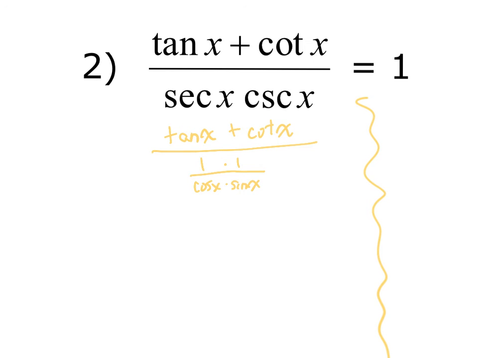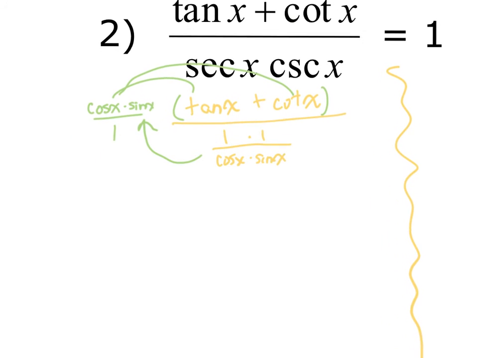So if I do keep it, change it, flip it with this, I want you to realize that that means that we would ultimately have this cosine of x times the sine of x all over 1. And we're going to have to multiply that and distribute that to each of these terms. So that's what we're going to do.